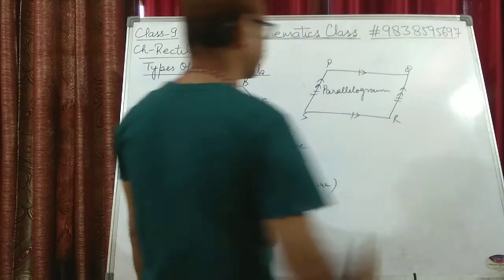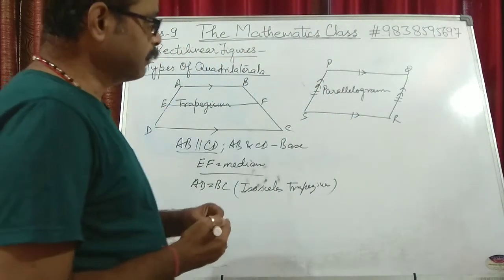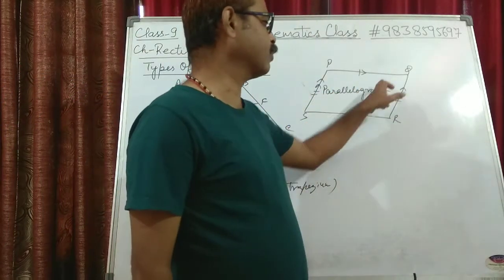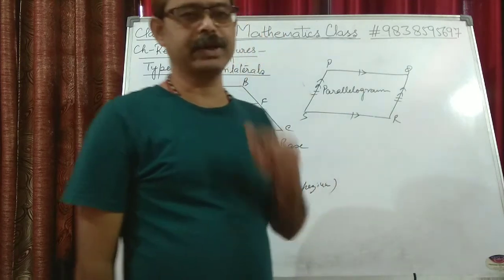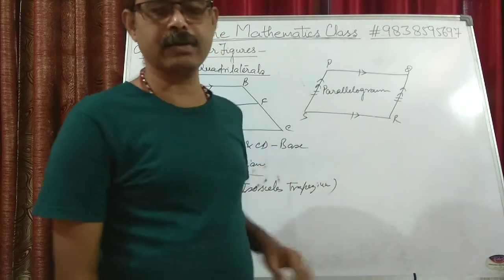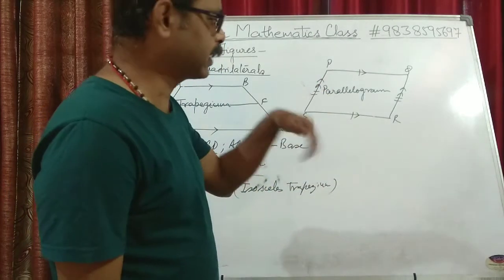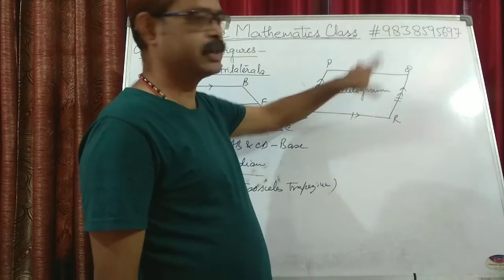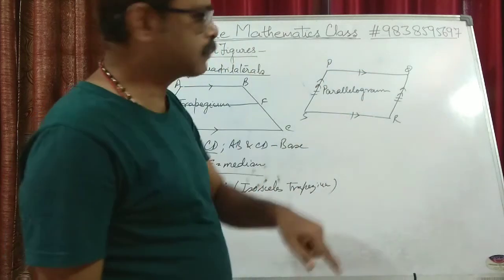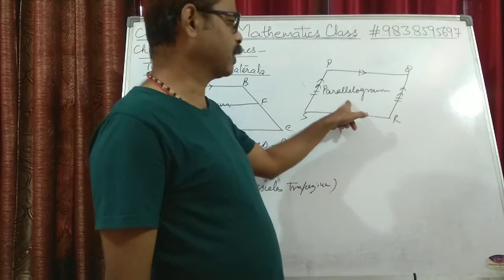PQRS is a parallelogram. If you have one pair of opposite sides parallel and equal in a quadrilateral, basically this is a quadrilateral because it is a plane figure bounded by 4 straight lines, but its one pair is parallel and equal also, then it becomes a parallelogram.